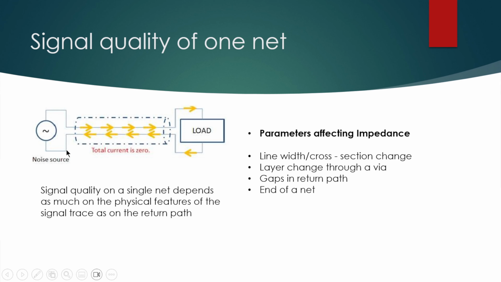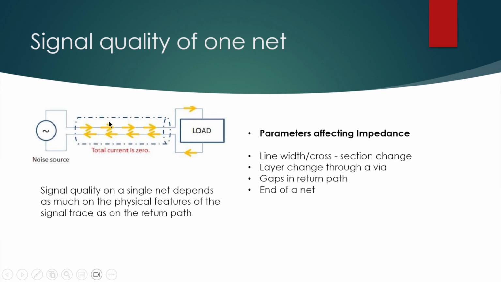Suppose here is a voltage source, and we are putting a signal into this trace. The signal will be traveling along this trace to the receiver. When the signal travels, it continuously asks the question, what is the impedance I'm seeing? If it sees the same impedance all along the trace, then the signal will reach the receiver as is, without any losses.